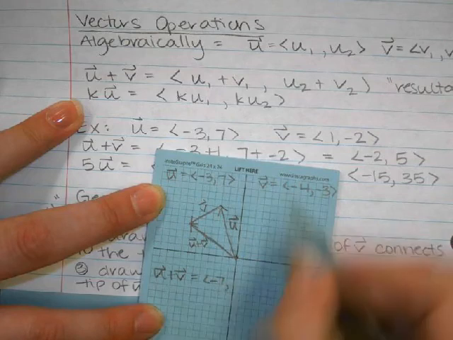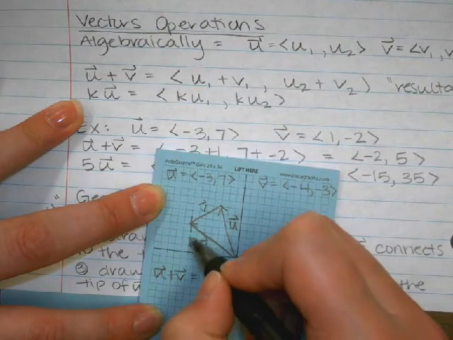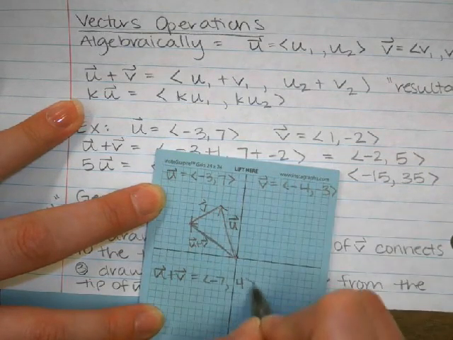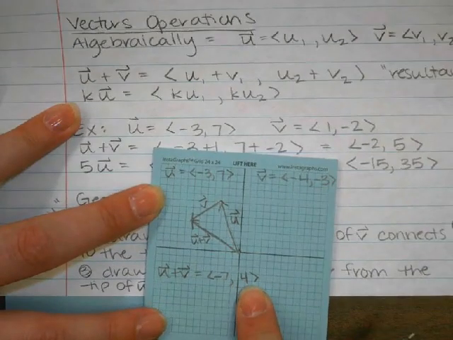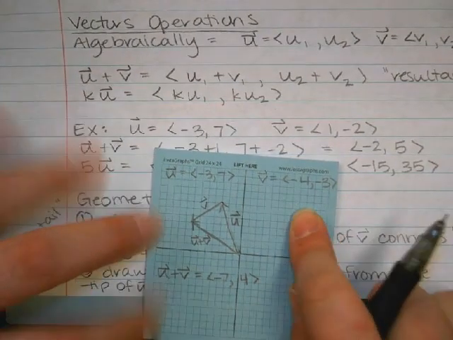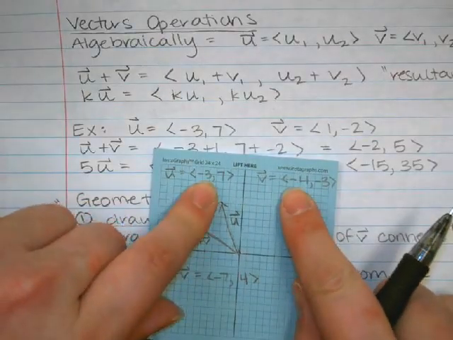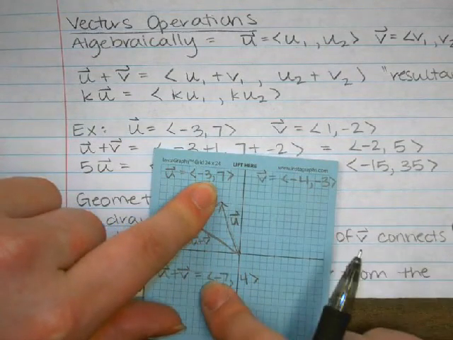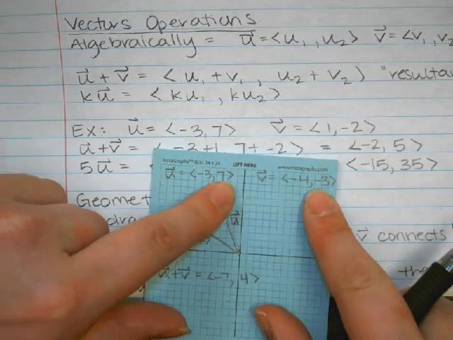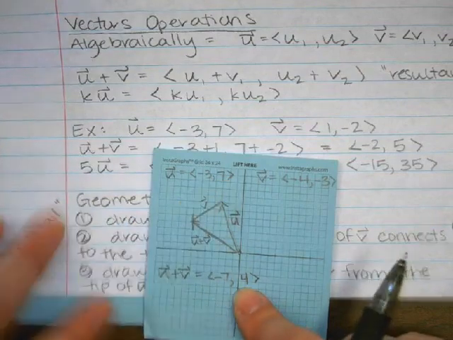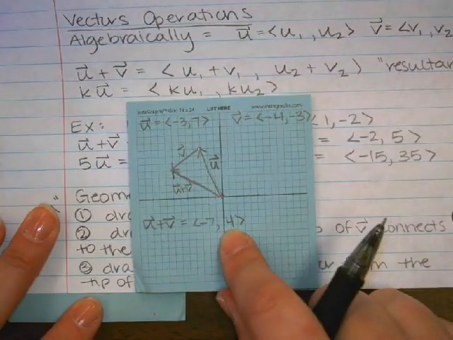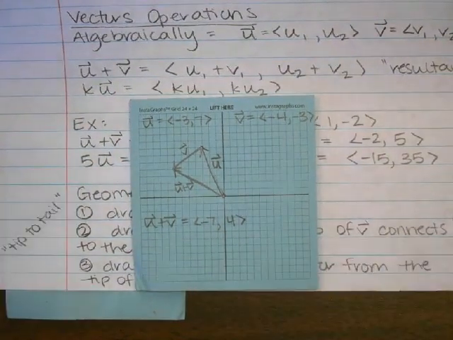It went left 7, and then up 1, 2, 3, 4. Up 4. And if you look at what our result should have been, when we add the horizontal components together, we do get negative 7. When we add the vertical components together, we do get 4. So it's the exact same thing as adding and subtracting algebraically. You're just doing it visually instead.